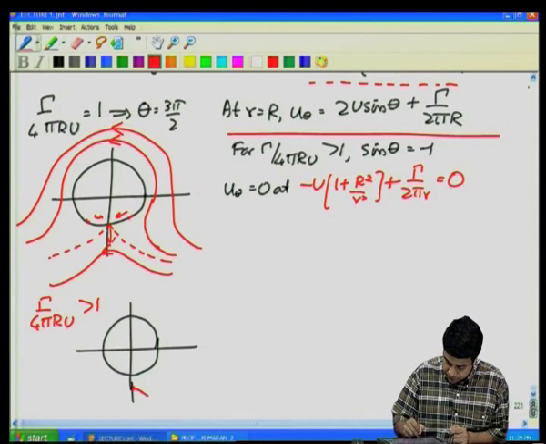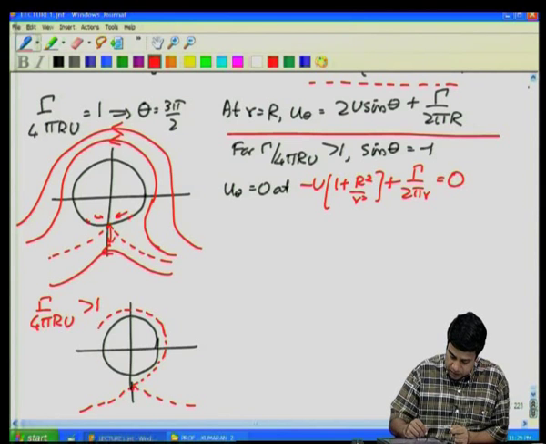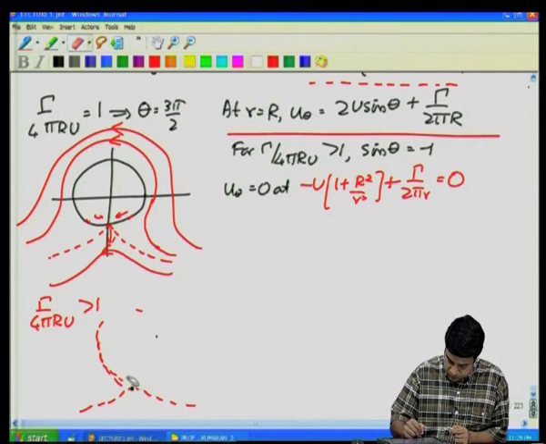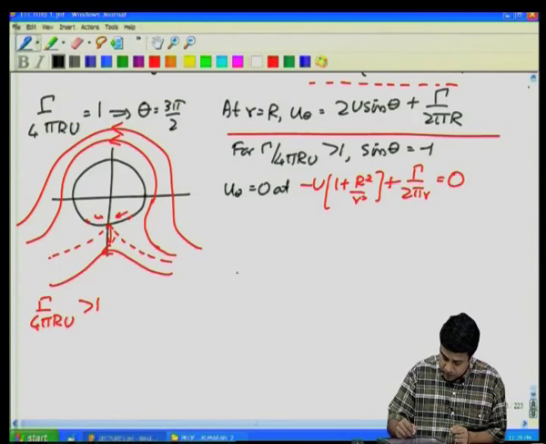So the stagnation point will be somewhere below the cylinder, and I will have a closed stagnation streamline. Let me just draw that carefully, bigger so that it is easier to see.